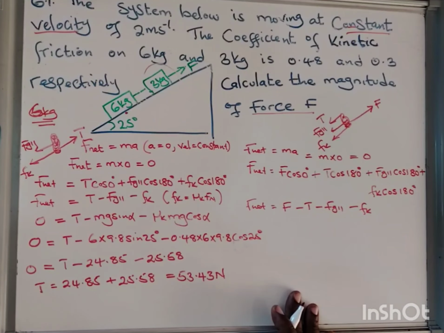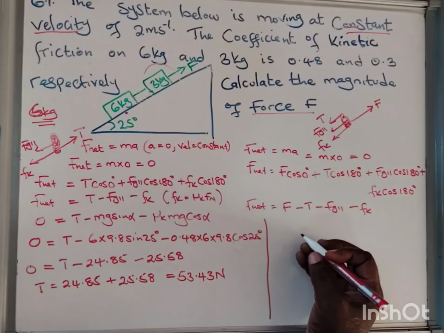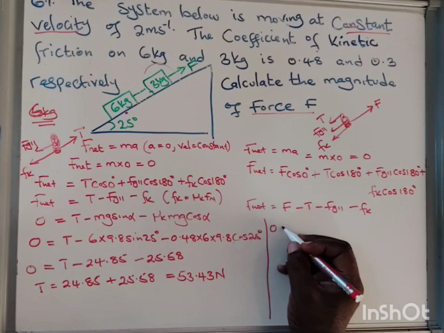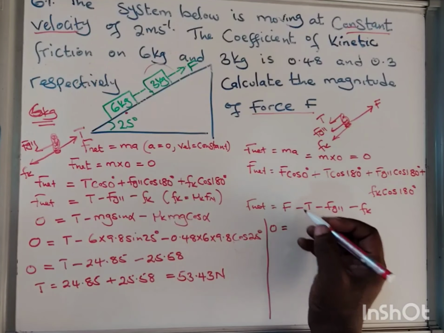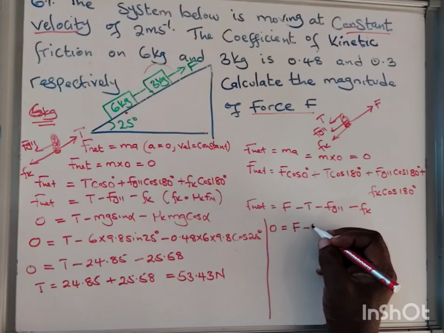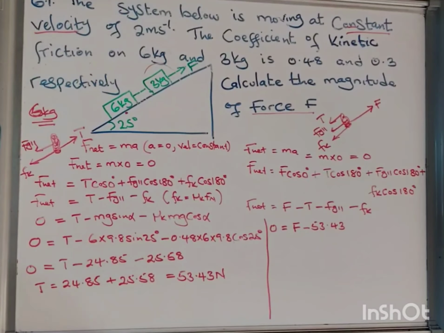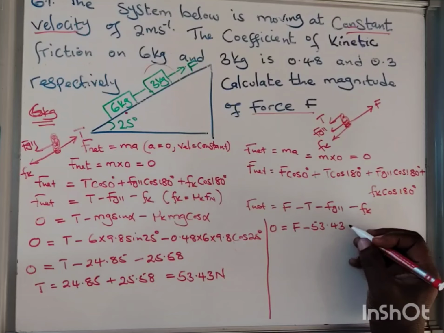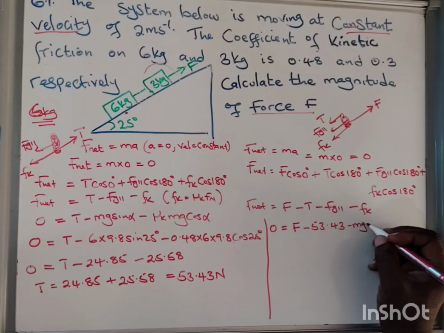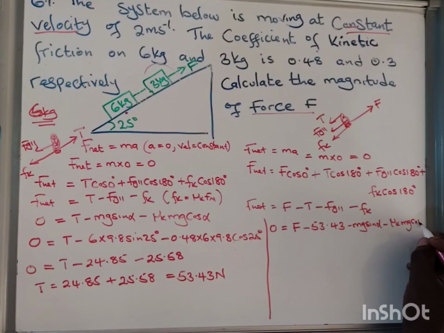From here, F net we know is 0. So 0 equals F, which we are looking for, minus T. We have the T already, which is 53.43, then minus Fg parallel, which is mg sine alpha, minus Fk, which is mu k mg cos alpha.